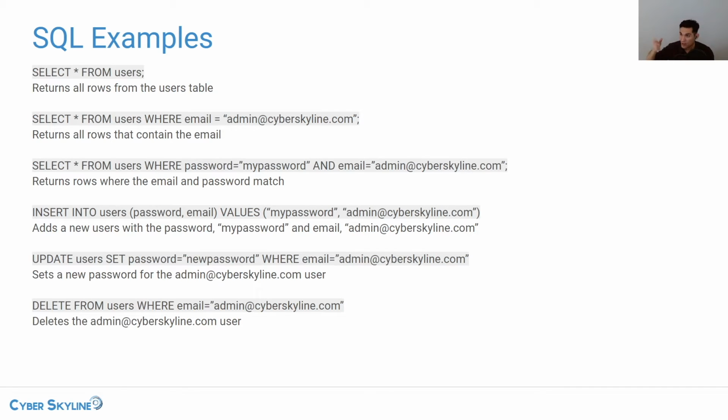So whatever is in the password column, we're replacing it, and we're sticking in the value new password, and we're saying where email equals admin@cyberskyline.com. And so we're finding all the entries where the email address is admin@cyberskyline.com, and we're changing the password and updating it to be new password.